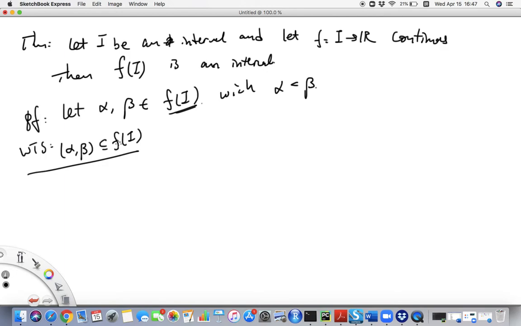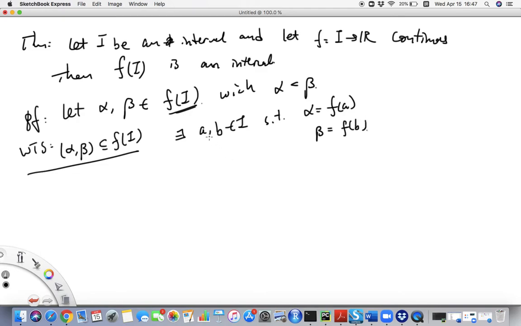Okay, so how do we show that? Now, because alpha and beta are both in f of I, by definition, there exists a and b in I such that alpha is equal to f of a and beta is equal to f of b.